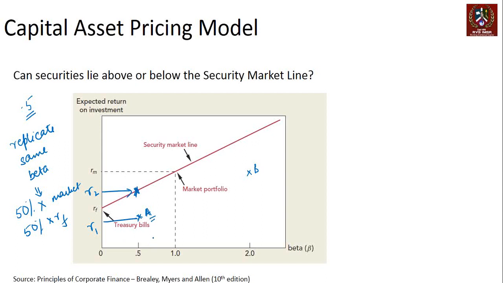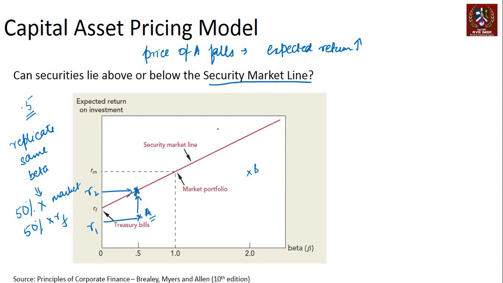No one would buy this security A till the time the price of A falls, such that expected return goes up to R2, which means no one will buy the security A unless the security A is on the SML.